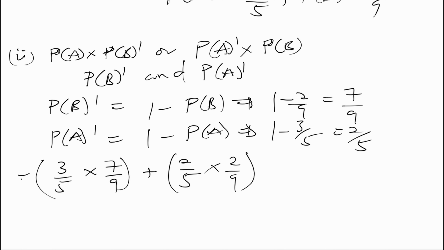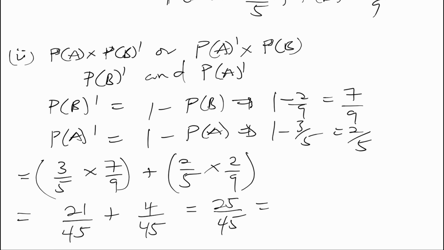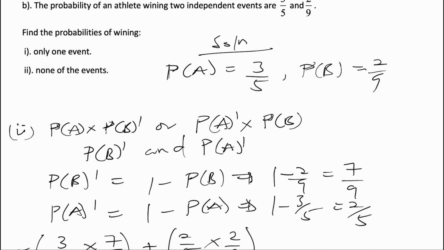So this should give us 21/45 plus 4/45. So this should give us 25/45. Now 25/45 is the same as 5/9. So the probability of winning only one event is 5/9. So moving on to II.